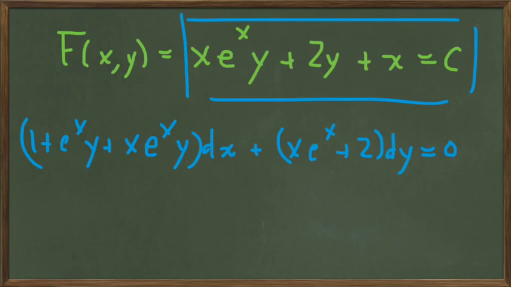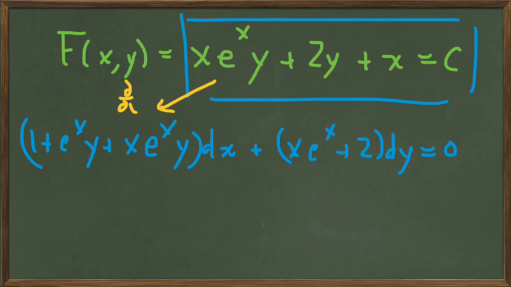Notice that if we take the partial of this solution with respect to x, the x term gives us a 1, the 2y term gives us a 0, and if we take the partial of this x e to the xy term with respect to x and use the product rule, we get this term and this term.